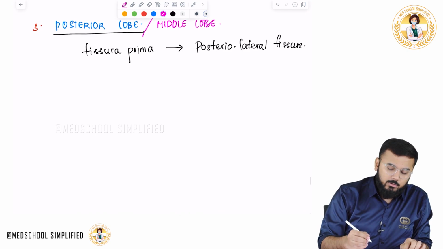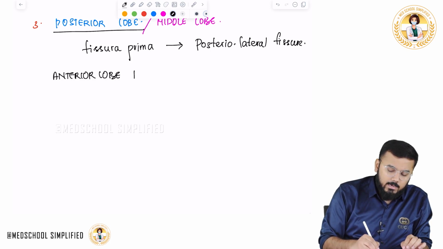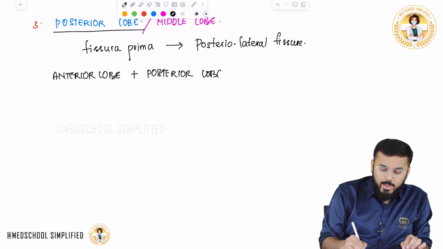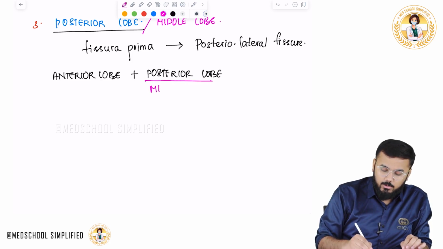And the next important thing you need to understand here is about this anterior lobe and the posterior lobe. What is the other name for the posterior lobe? It is also called a middle lobe, right?